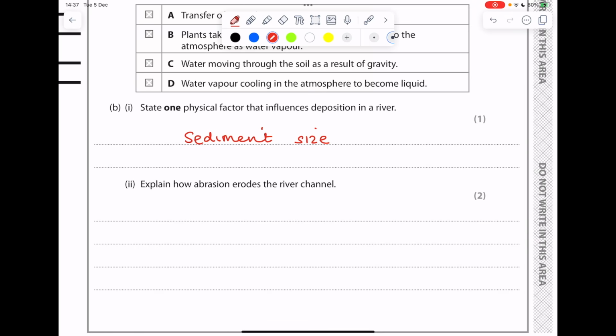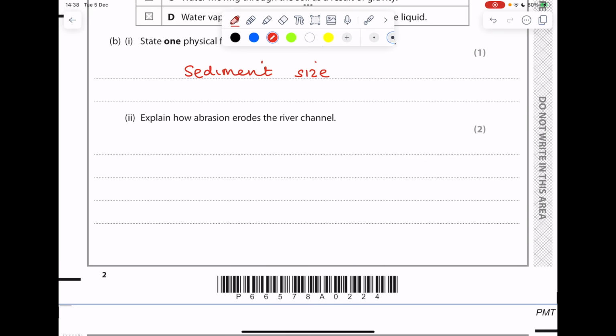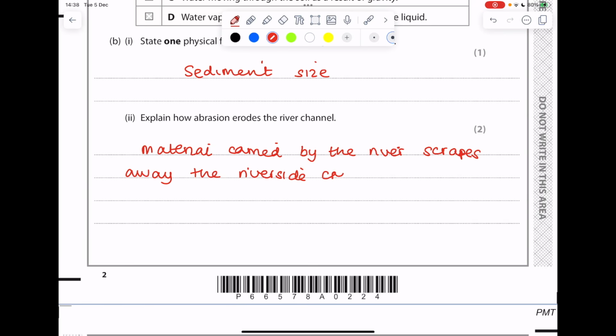Explain how abrasion erodes the river channel. Abrasion is a type of erosion, so obviously that's going to lead to the river being scraped away, becoming wider and deeper. But we need quite a specific answer here for the 2 marks. So first of all, we're going to start by stating that material carried by the river scrapes away the riverside, creating a wider channel.